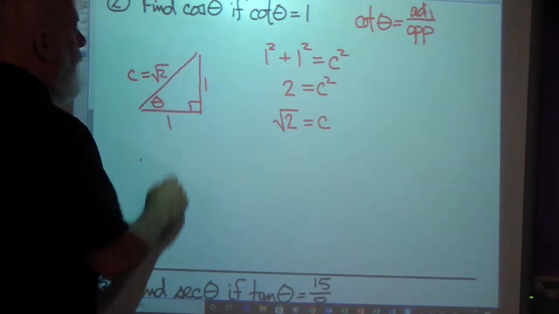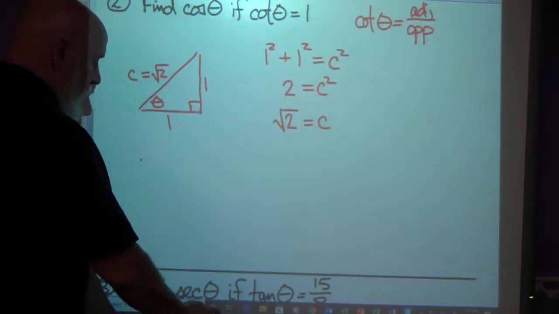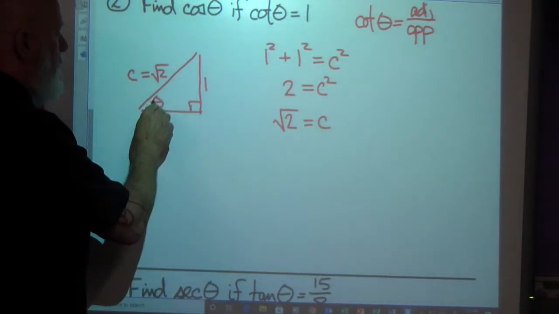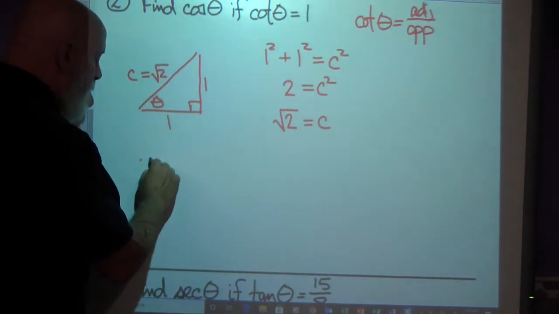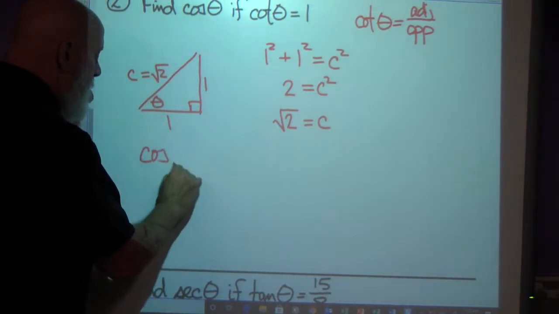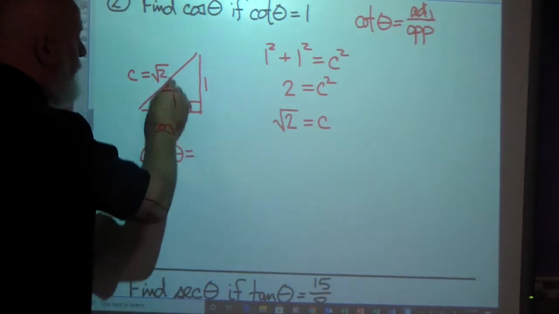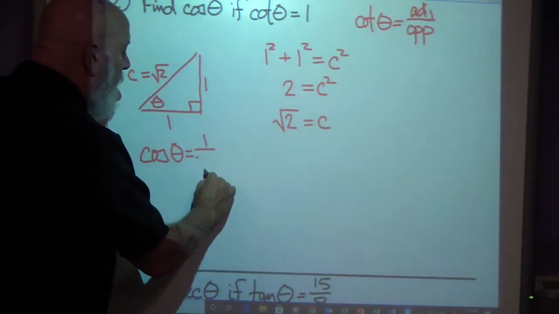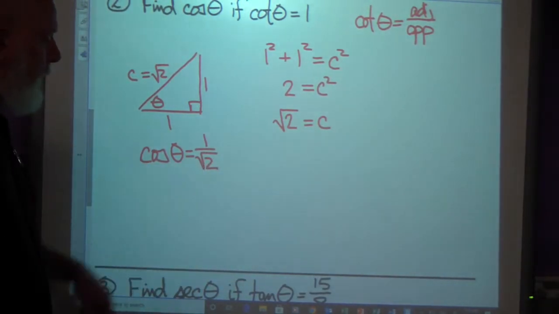There we go. All I got to do now is find the cosine of theta, and the cosine is adjacent over hypotenuse. So the cosine theta equals adjacent over hypotenuse. And we remember, hopefully we remember from algebra 2, that we don't leave radicals in the denominator.